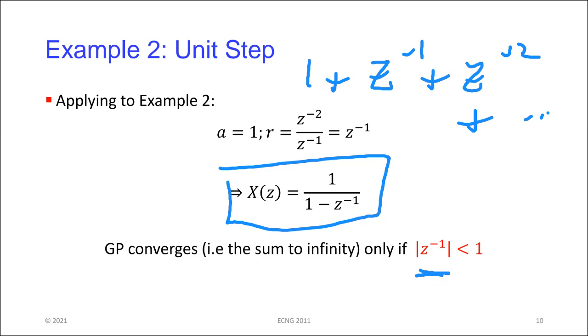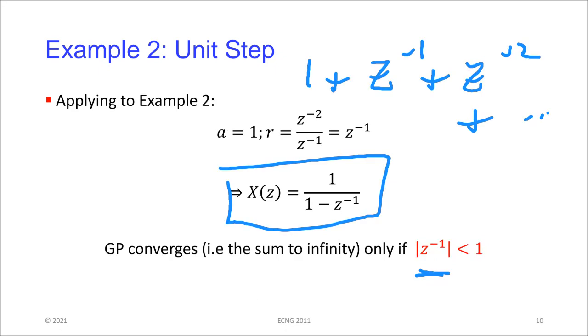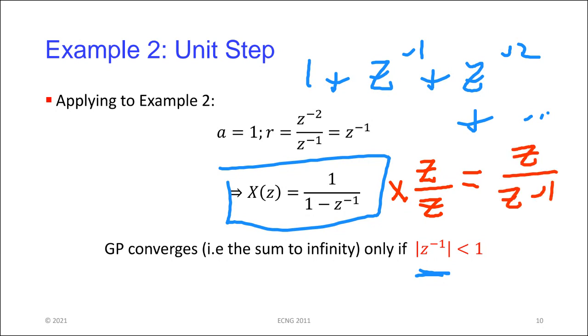You can also flip this around and express it in positive powers. If I take this and multiply it by Z over Z, then I'm going to get Z over Z minus 1.